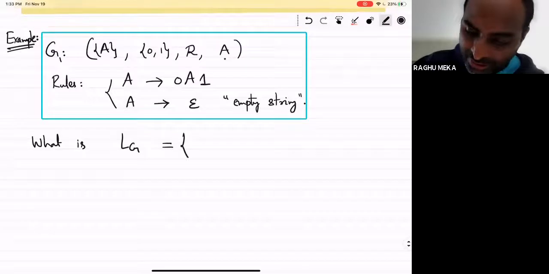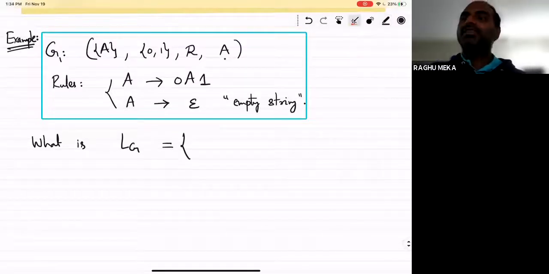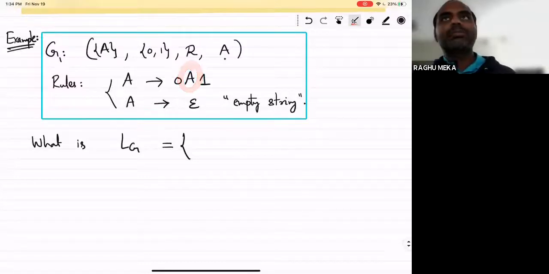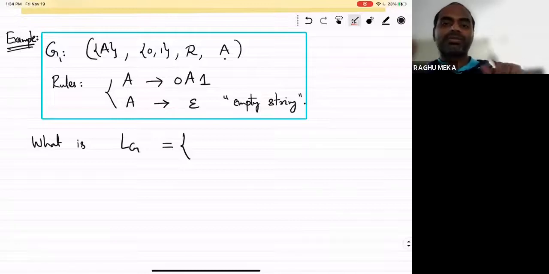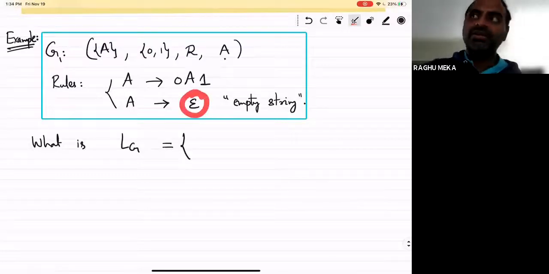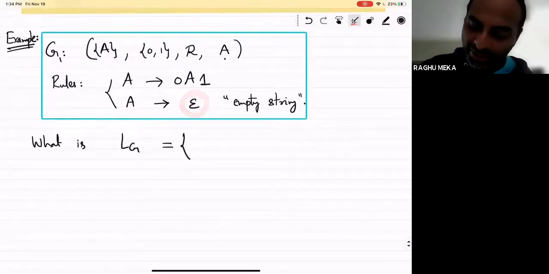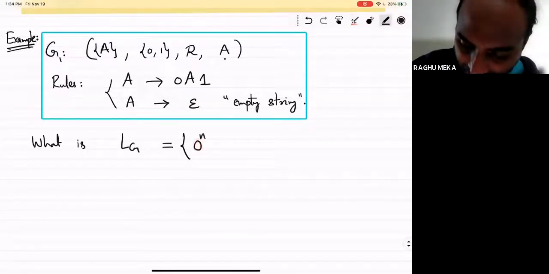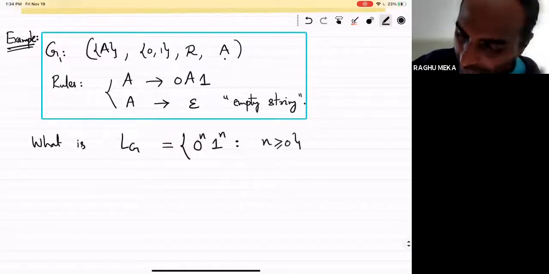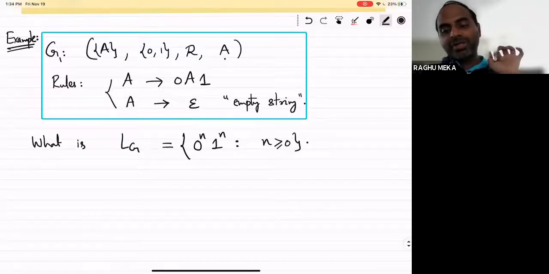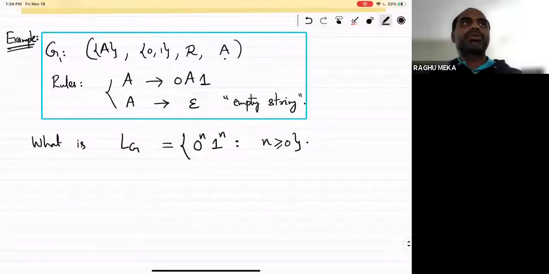Well, you can do a few examples and figure out that every time I replace A, I apply the first rule, I get a matching 0 and 1. Replace it again, I get another 0 and 1 and so forth. And when I replace it with epsilon, the process ends. So the language computed by this grammar is exactly all strings which have a string of zeros followed by an equal number of ones.